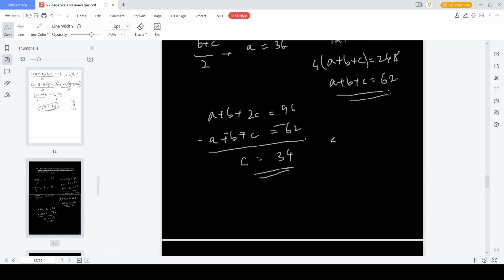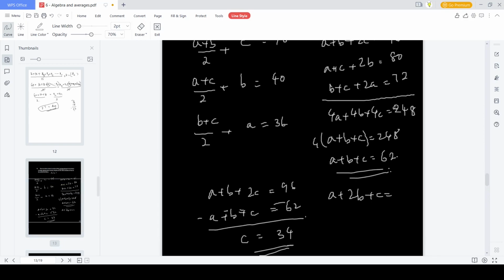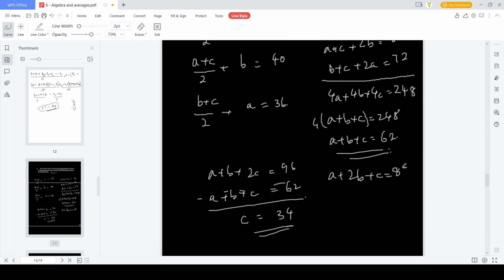Now we'll use the second equation. I have a plus 2b plus c is equal to 80, and a plus b plus c is equal to 62. Subtract, and you get b is equal to 18.